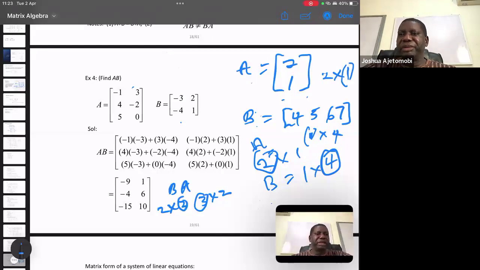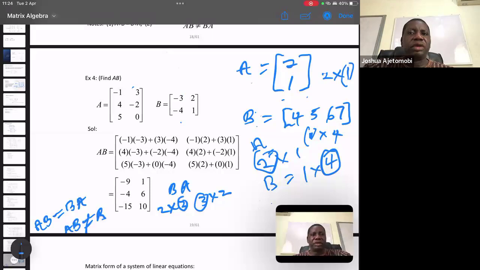So we say BA is not conformable for multiplication. Unlike integers, where we can say at all times that AB is equal to BA, for matrices, AB may not be equal to BA. Take note of that.